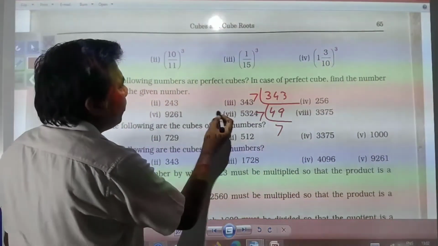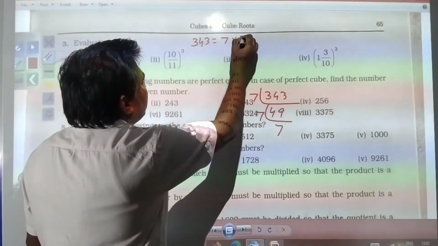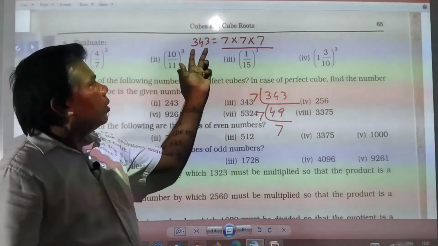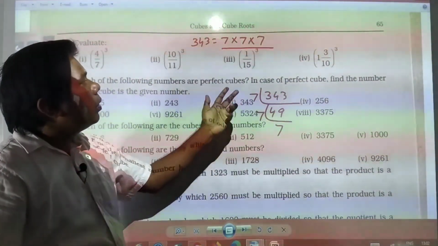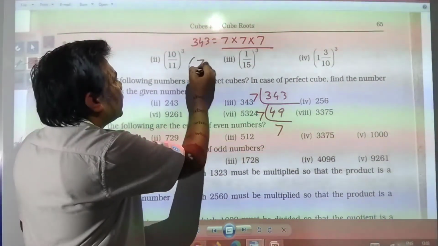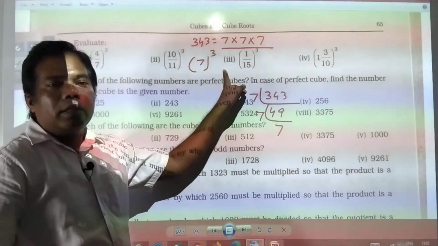So 343 can be expressed as 7 into 7 into 7. So we can write 343 is a perfect cube because this is the perfect cube of 7. 7 cube is equal to 343.